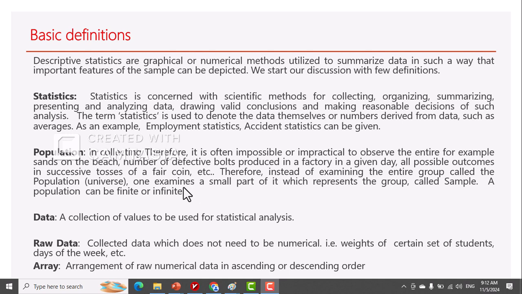As you can see over here, data also has a meaning: a collection of values to be used for statistical analysis. Raw data is collected data which does not need to be numerical.